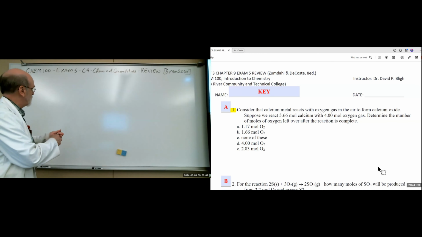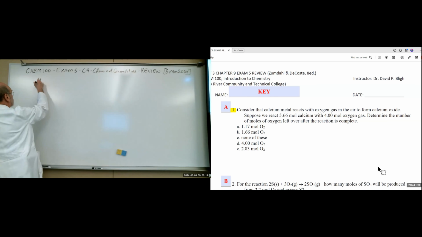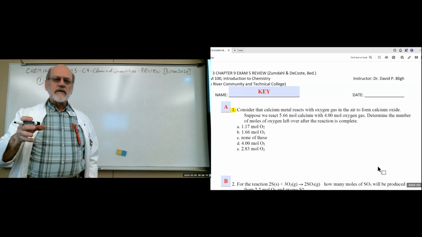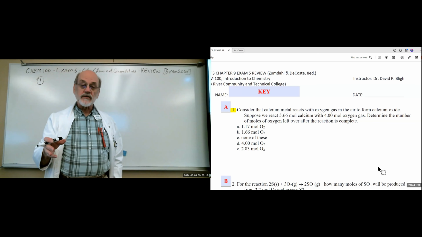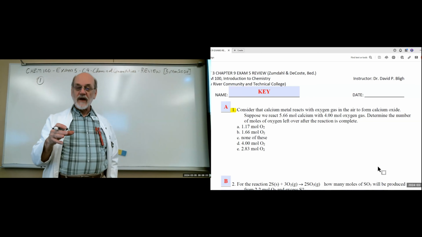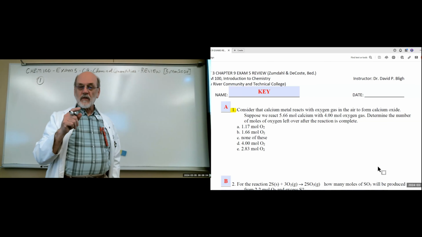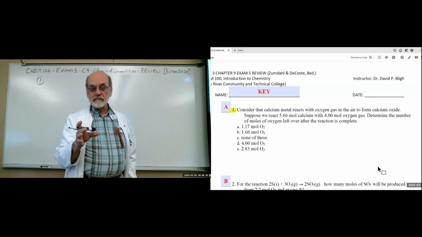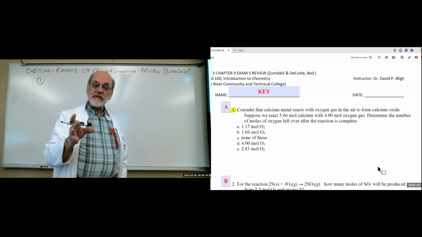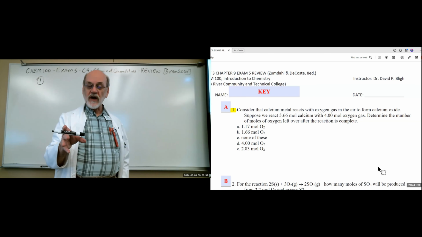Number 1. Consider that calcium metal reacts with oxygen gas in the air to form calcium oxide. All right. Where are we headed with this? Well, suppose we react 5.66 moles of calcium and 4 moles of oxygen gas.